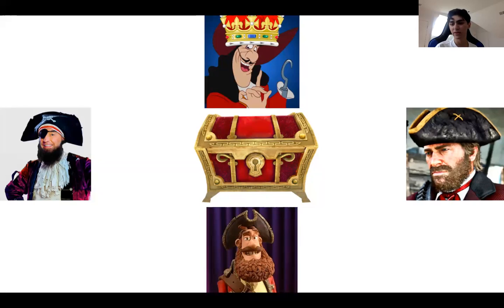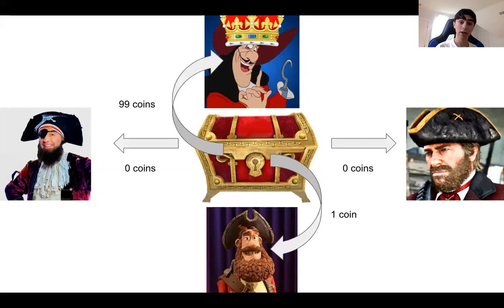Okay, so people seem to be getting it. Yeah. So the current king pirate, or eldest pirate, I don't remember which word I'm using, is going to split the coins as so. He's going to give no coins to pirates 2 and 4, but he's going to give it to pirate 1. So I mean pirate 3, pardon.